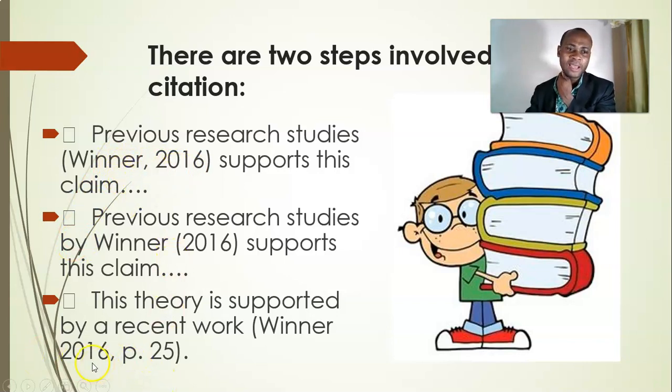Or when the citation is used at the end of the sentence, then both the author and the year are put in parentheses. So I would like you to take note of this, so that they don't confuse you on how to use them.